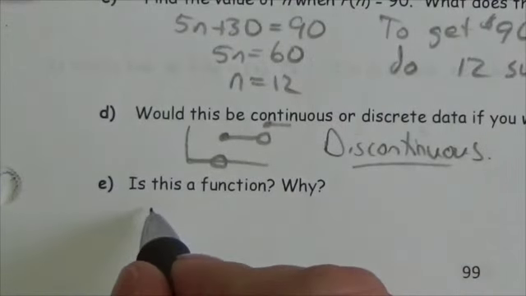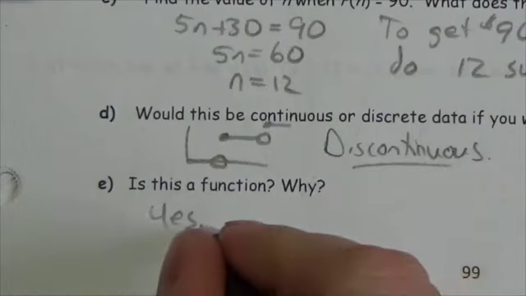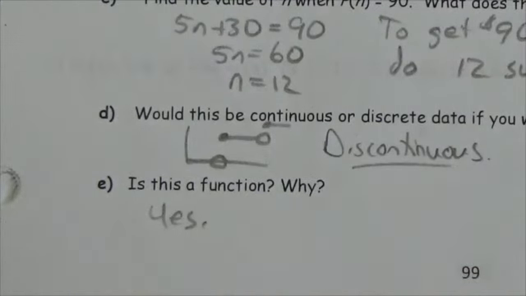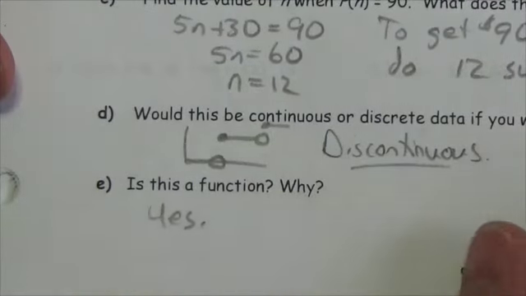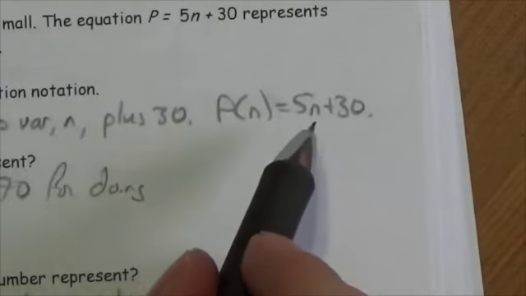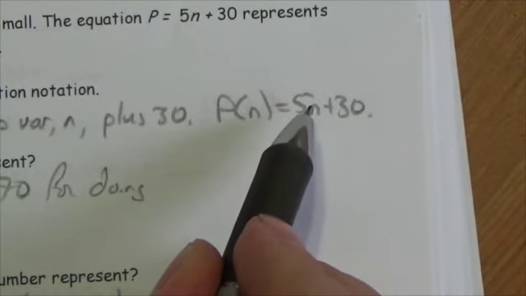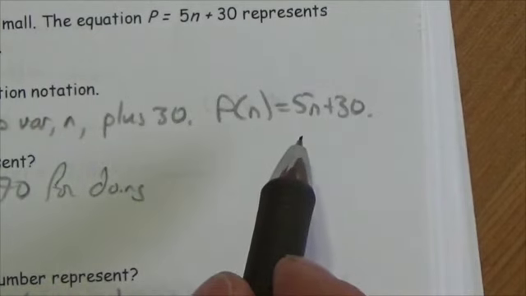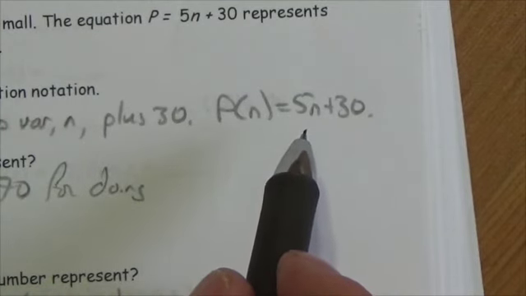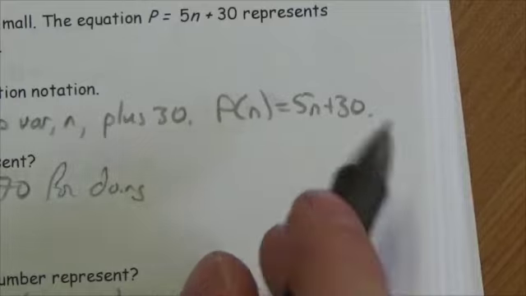Is this a function? Yes. Okay. And why is it a function? Well, just think of this right here. Is it possible to plug in a number in for n and get 2 different results? Particularly here when the only operations are going to multiply by 5 and add 30. Okay?